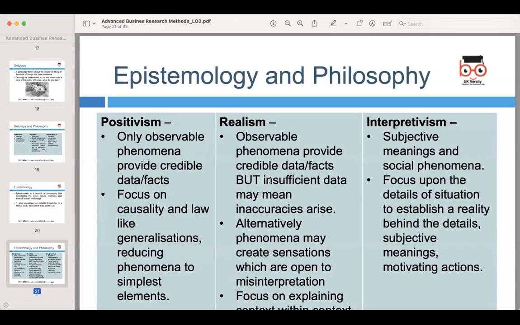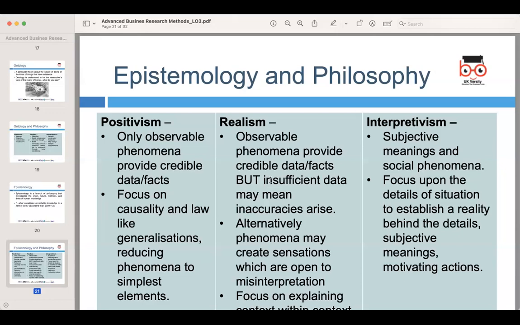Realism acknowledges the importance of observable phenomena, but recognizes potential inaccuracies and the role of context. Interpretivism places a strong emphasis on subjective meanings and the social aspect of phenomena, seeking to uncover the underlying reality behind the details.